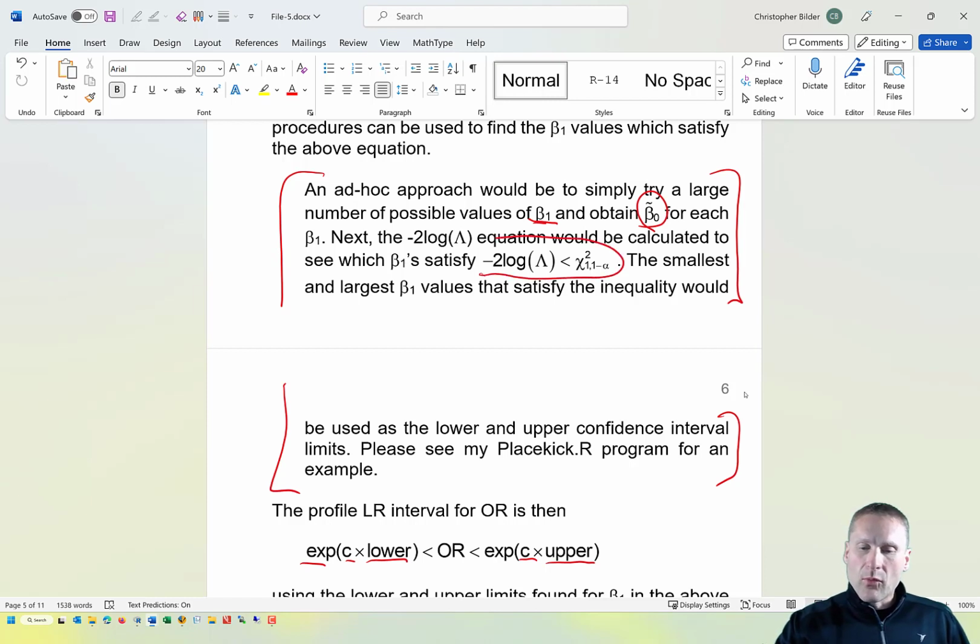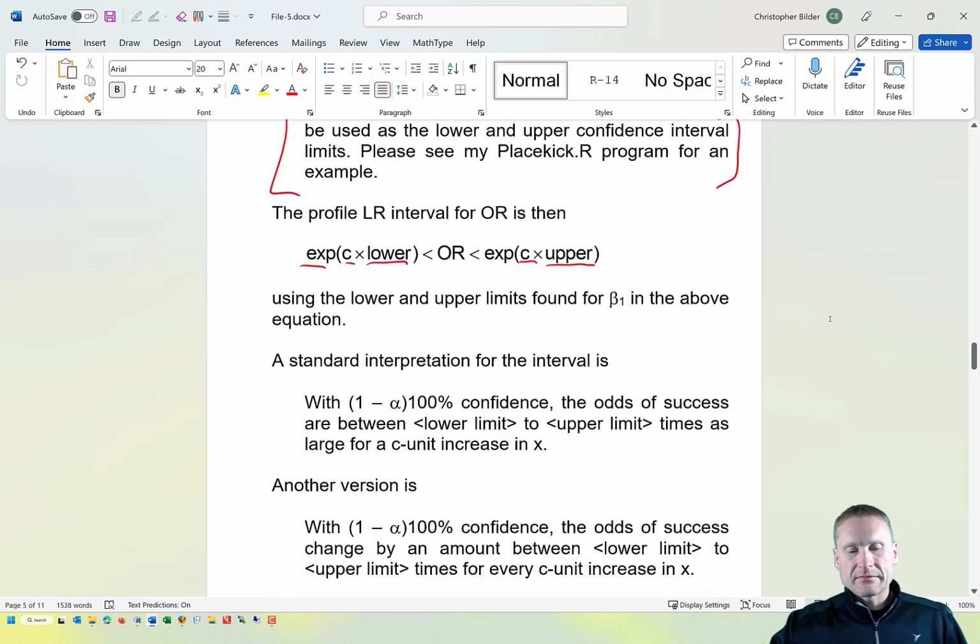I look at what values of beta 1 have this inequality satisfied, and that's how I get my interval for beta 1. So unless otherwise stated in class, you're not responsible for that. It's just meant to give you an additional explanation of how to find this profile likelihood ratio interval.